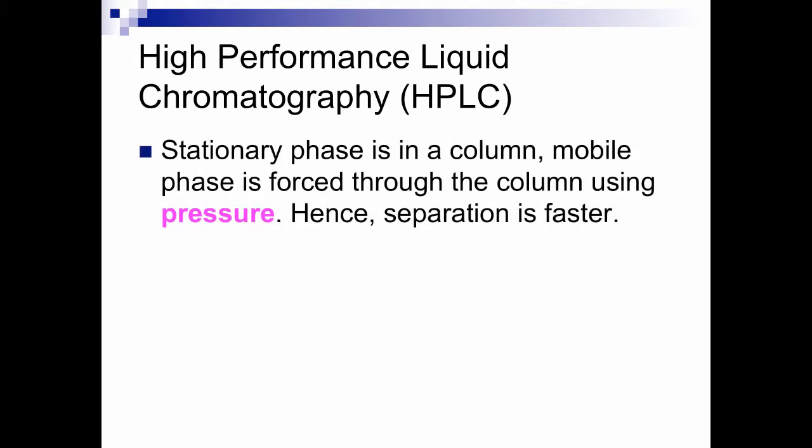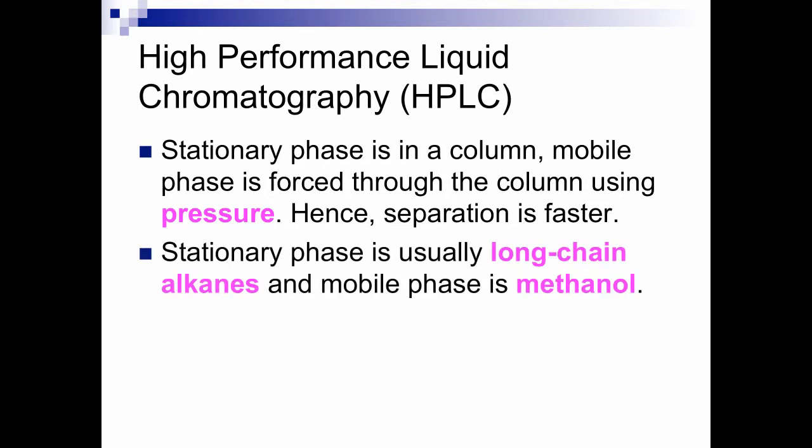HPLC is a form of adsorption chromatography with an aim of separating mixtures containing non-volatile substances either to analyze the mixture or to separate a required product in a reaction mixture.